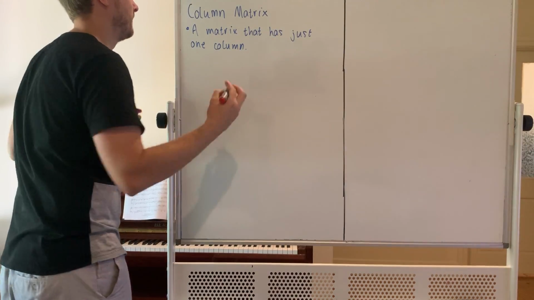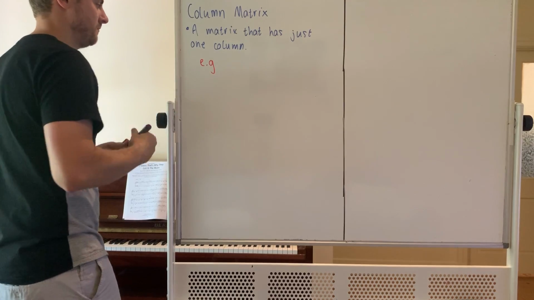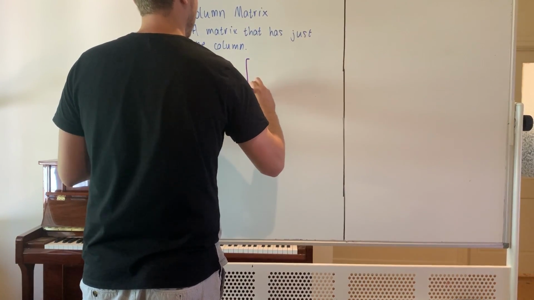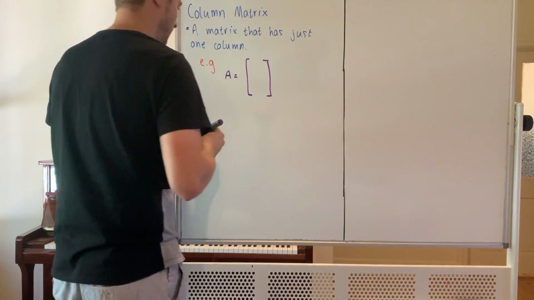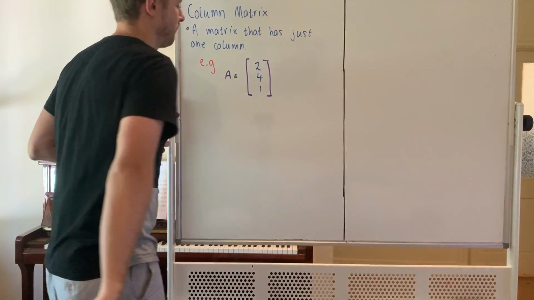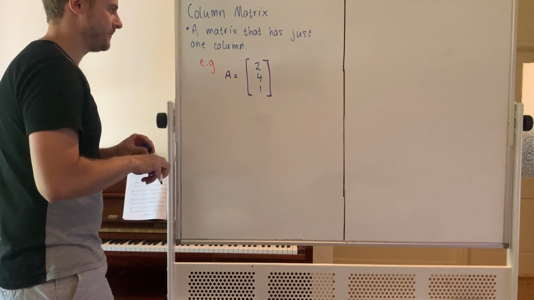Example. This matrix contains only one column, therefore it's a column matrix.